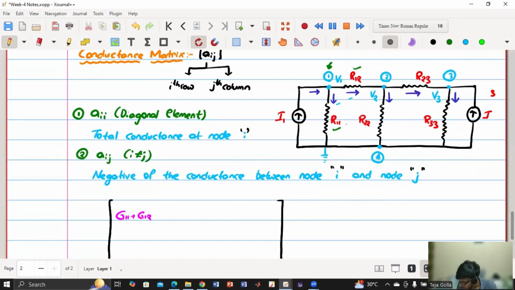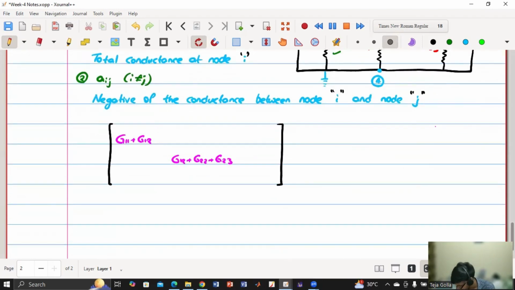Now, if we come to node 2, we have conductance 1, conductance 2, conductance 3, so we have G12 plus G22 plus G23. Now, for the third node, we have G23 plus G33.